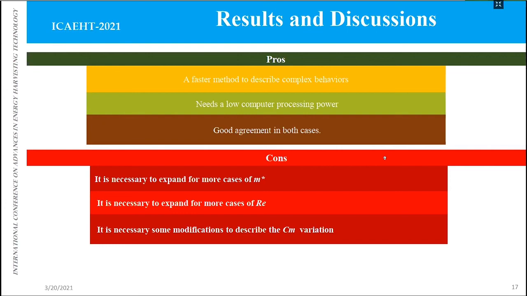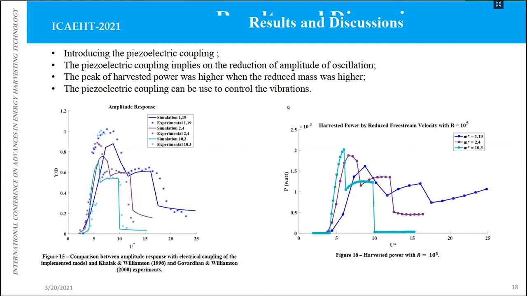Then we introduced the piezoelectric coupling, and we could see that the piezoelectric coupling implies a reduction of the amplitude of oscillation, and the harvested power produced was higher when the reduced mass was higher too. So we could observe that the piezoelectric coupling can be used to control those vibrations.